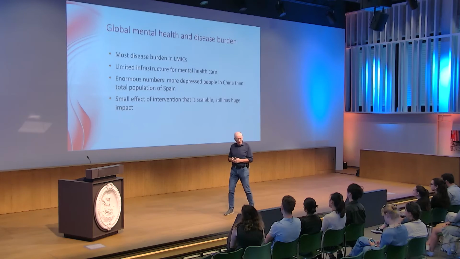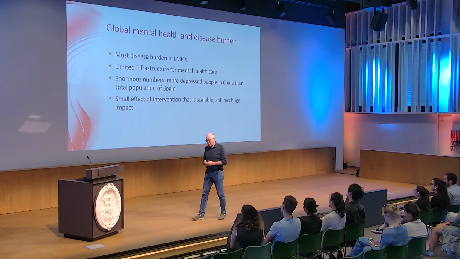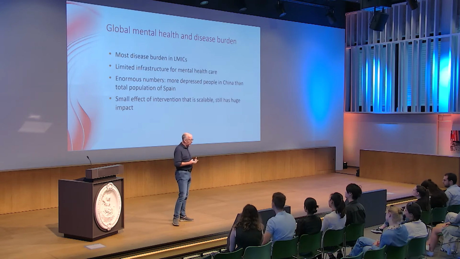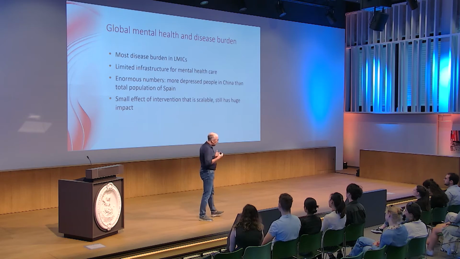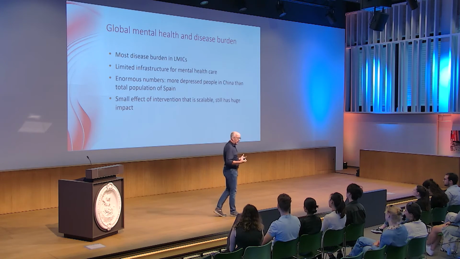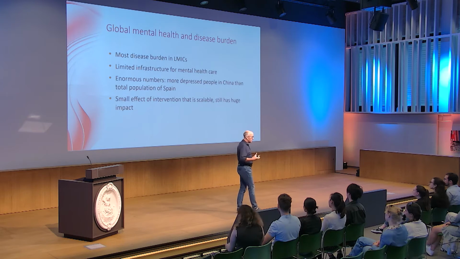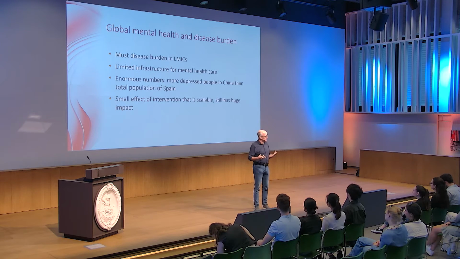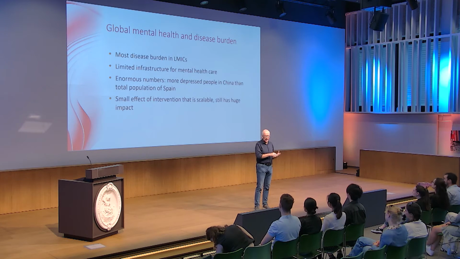And then I go to global mental health. As I said in the beginning, when you think of global mental health, you really have to think in a different way. For treatments, we are very happy that digital interventions have the same effects as face-to-face interventions.